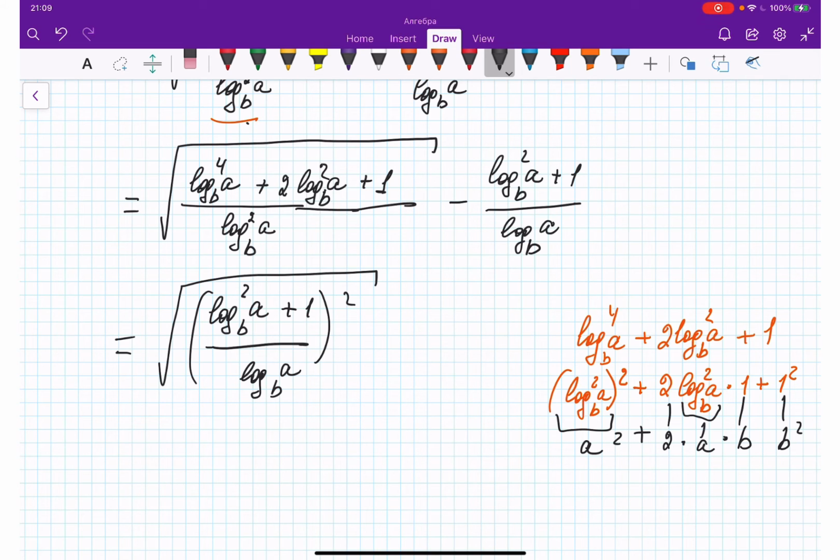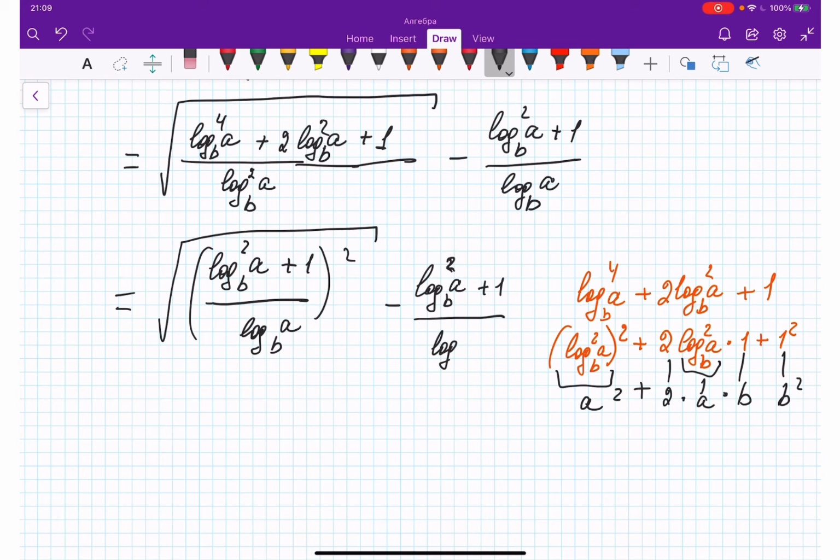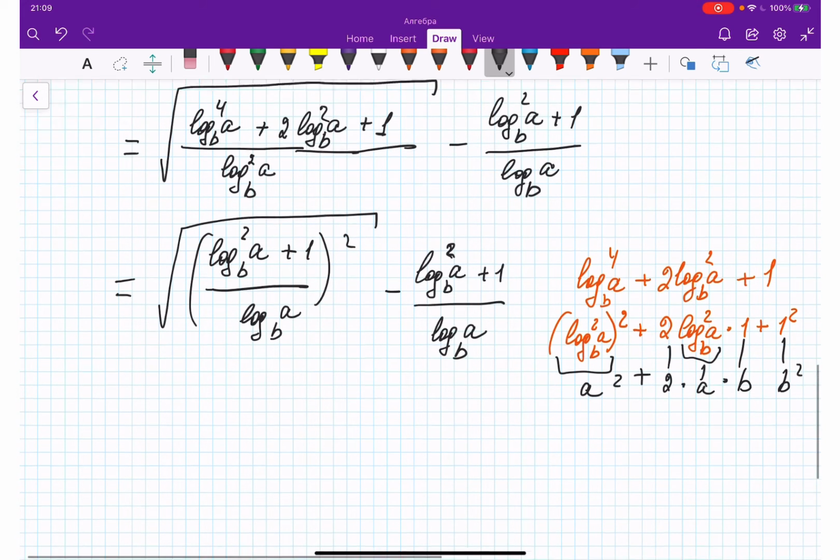Okay, put in parentheses with square, minus (log_b(a)^2 plus 1) over log_b(a).